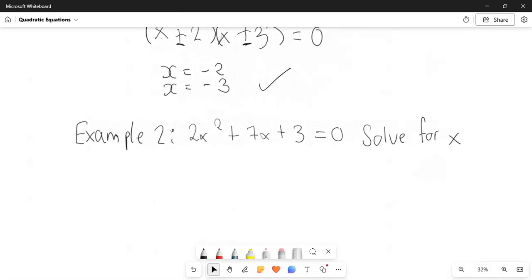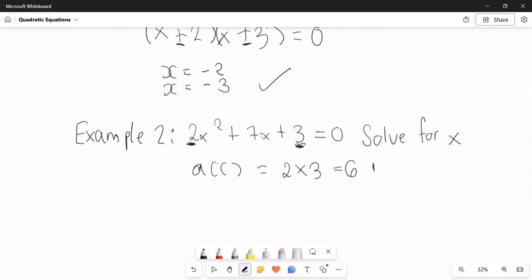So now let's start off simple. If there is a leading coefficient, an a value, we have to multiply it with c so that we can begin the equation. a times c is 2 times 3, which is 6. And now we have to find what numbers add to get 7.